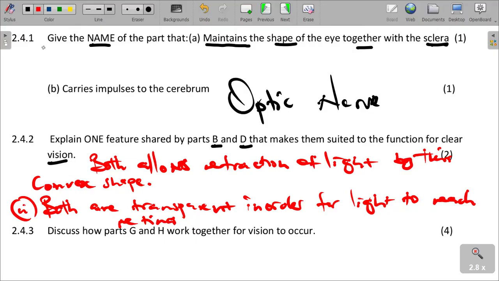We said that in order for us to see, the light must reach the retina. So the image must fall on the retina. They are both transparent, which allows light to reach the retina, and they both have a convex shape that allows refraction or bending of light towards the yellow spot or the retina for clearer vision.